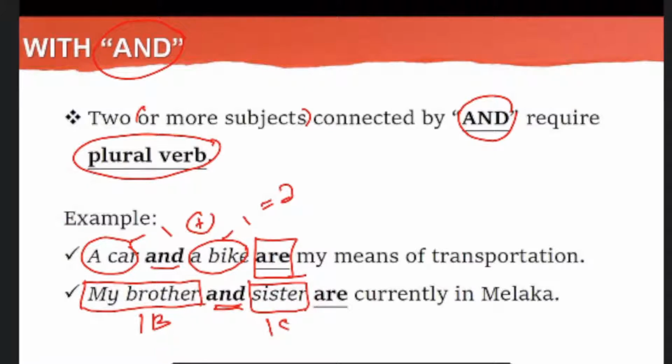So 1 plus 1 equals 2. Again, you use the verb are. My brother and sister are currently in Melaka. So it means that both of them are here, the two of them are here. Shall I move to the next one?